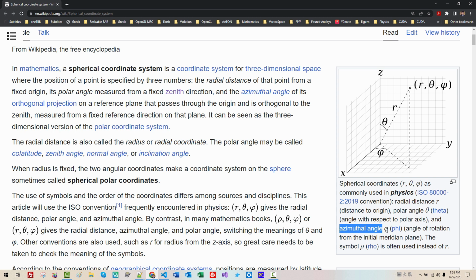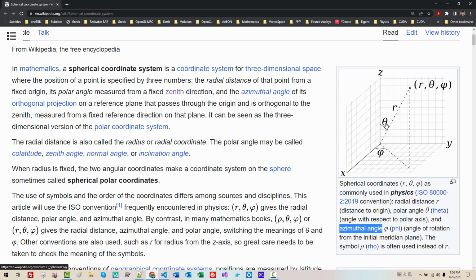I pronounce this Greek letter phi, not phi. I pronounce this Greek symbol phi. Please remember the names. The angle represented by phi is called the azimuthal angle.